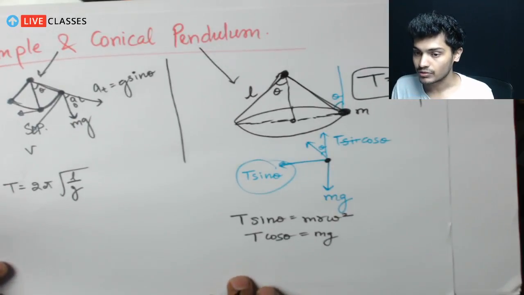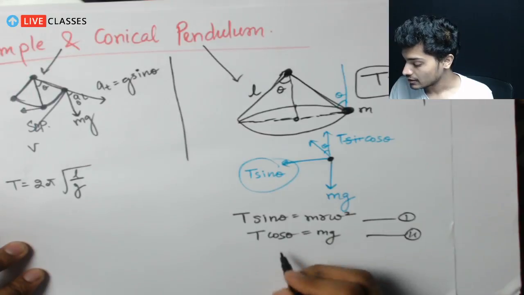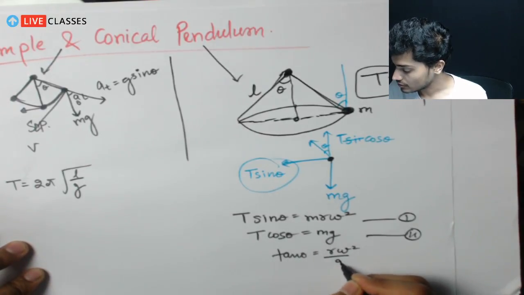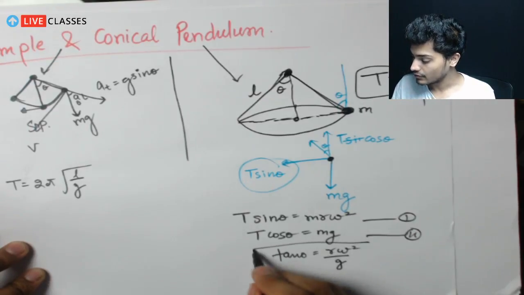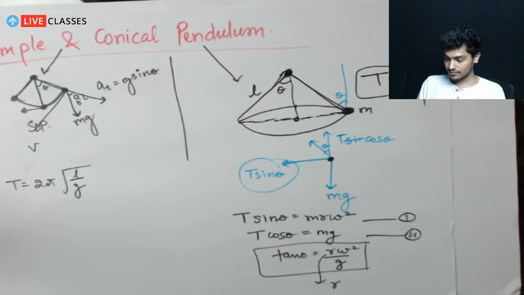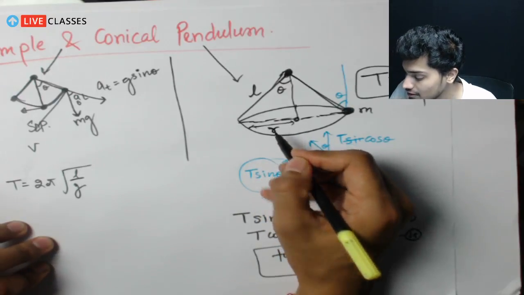When we solve these two equations, we get tan theta is equal to r omega square upon g. But here we have got r. So can you tell me what will be the r in this case? It is moving in a horizontal circle, so we have to find it. This is the r. How can we find this r?